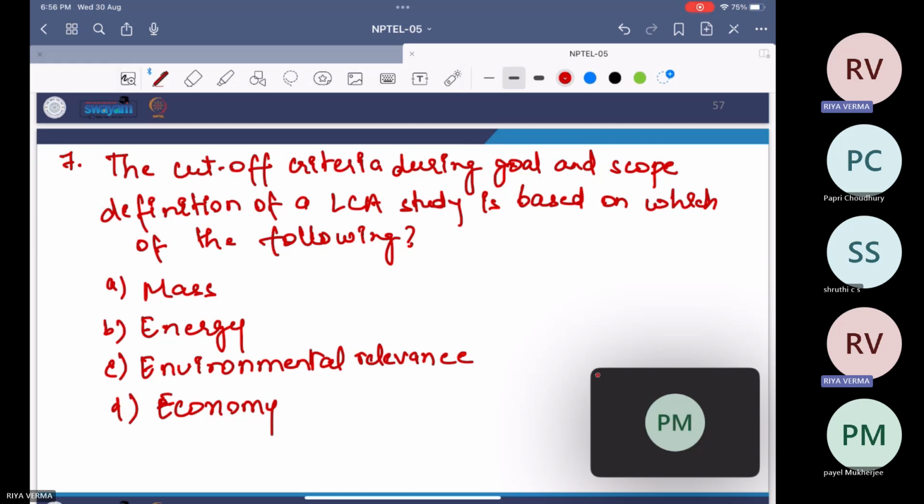The options are mass, energy, environmental relevance, and economy. So this is a multiple answer question. Which would be the factors on which the cutoff criteria is based? Options are mass, energy, environmental relevance, and economy.